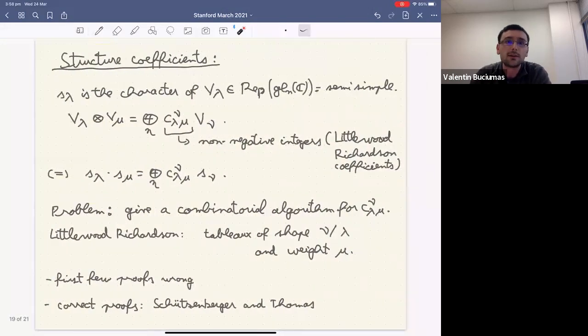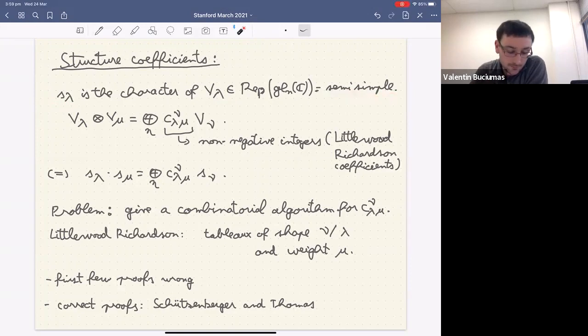Okay, so finally, in the last 5 minutes or so, I want to briefly mention structure coefficients. What are structure coefficients? Let's look at the simplest case, the Schur polynomial. We can think of the Schur polynomial as the character of the irreducible V lambda of the representation of GL_n C, which is semi-simple.